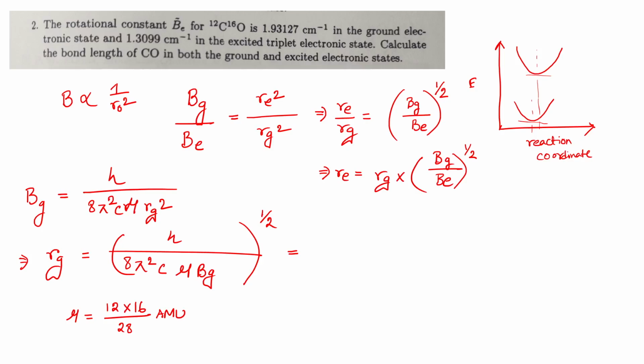Then we have 6.626 into 10 to the power minus 34 divided by 8 pi square, divided by this 12.